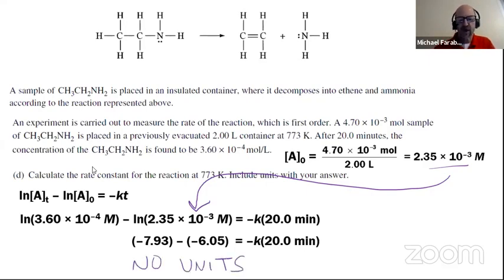On the right, we have k, and we have 20 minutes. So therefore, the units of k are going to have to be inverse minutes. In fact, for a first order rate law, the units will always be inverse time: inverse seconds, inverse minutes, inverse hours, inverse years, whatever. Okay, so we'll go ahead and finish off this problem.